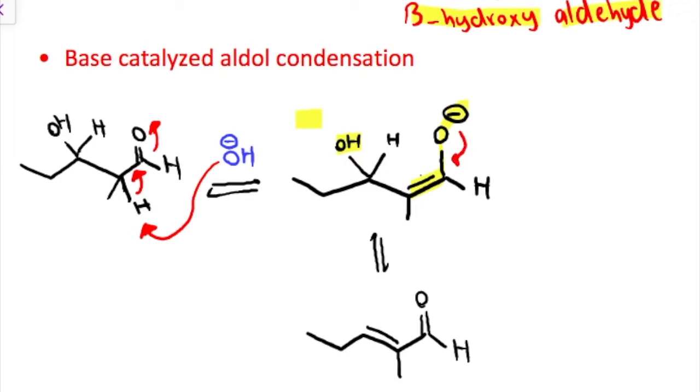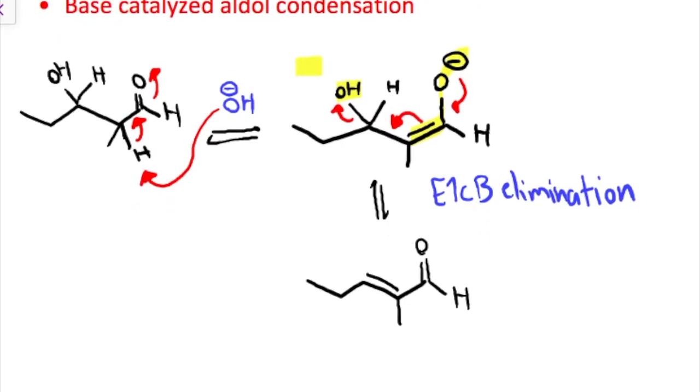So we form the double bond here, and this kicks this OH group out. And this is through the E1cB elimination. So make sure you review that if you're not entirely sure what that is.